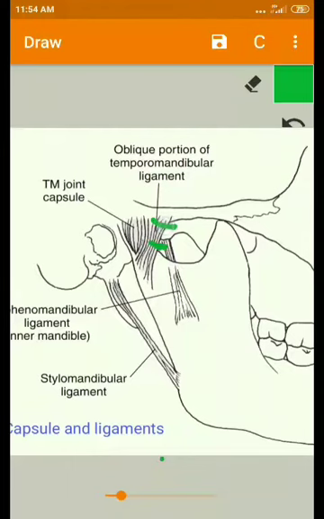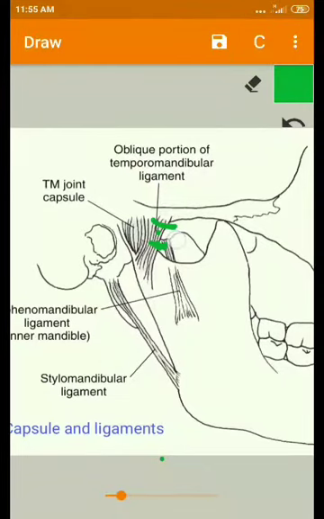This incongruency and weak capsule on the anterior aspect predispose to anterior dislocation of the mandibular condyle.